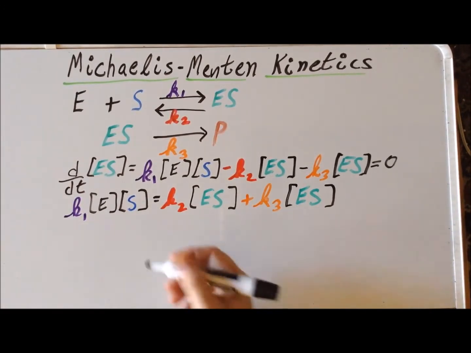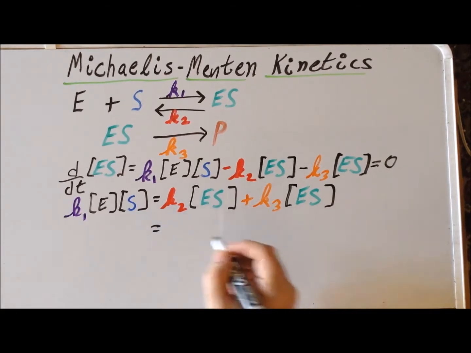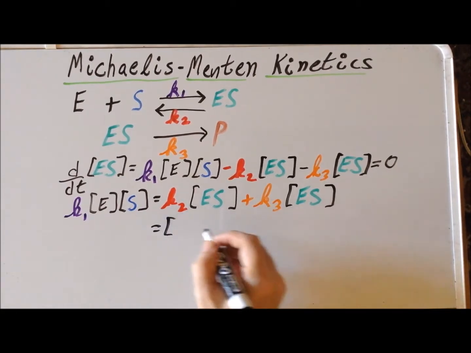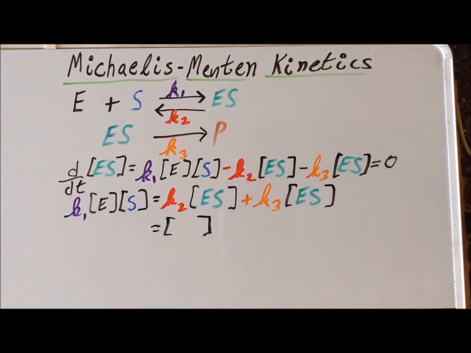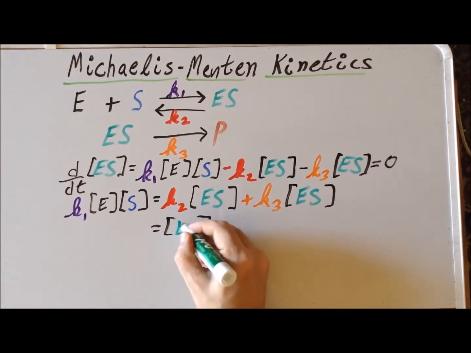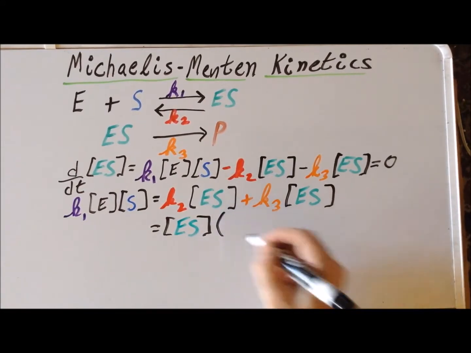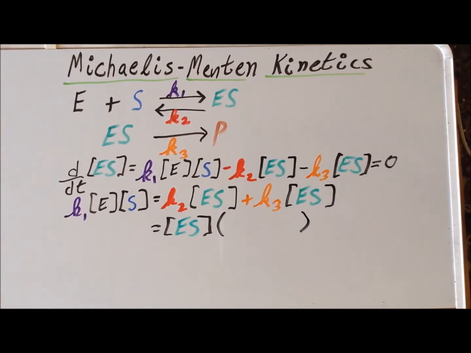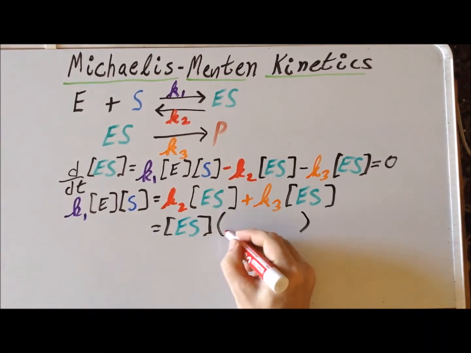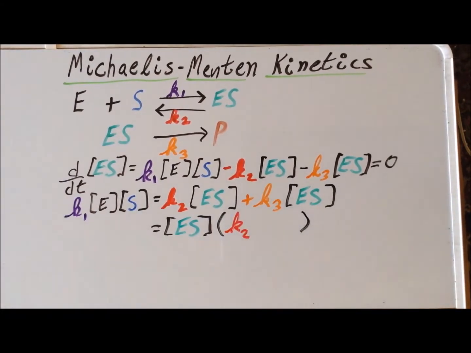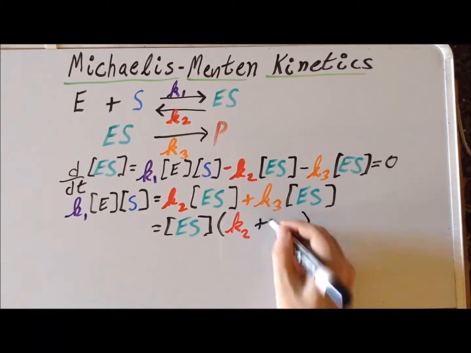Next, we can factor the concentration of ES out of the right-hand side. And here we have K2 plus K3.